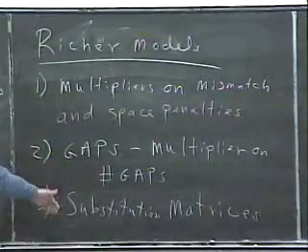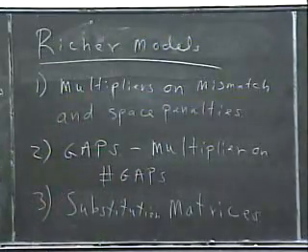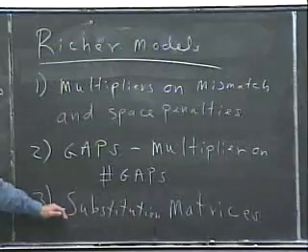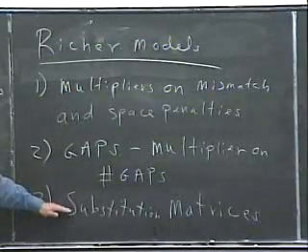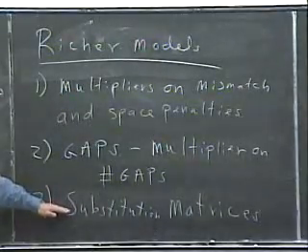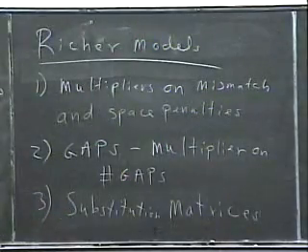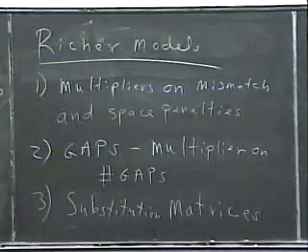So substitution matrices, I mentioned this briefly today in lab, and we'll talk about this more throughout the quarter because there's a question of where do these things come from? How do you get good substitution matrices? But what this is saying is that not all mismatches, and in fact not all matches, are of equal significance.